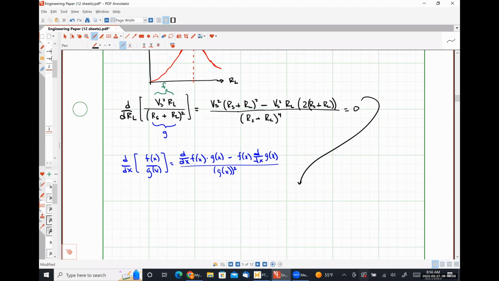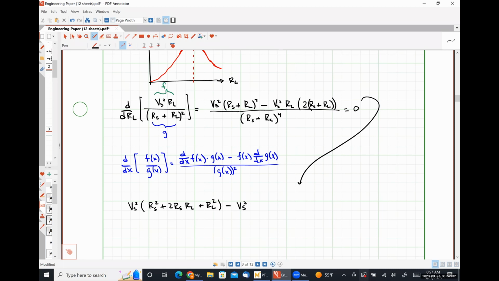Let's do some expanding here, right? So I have VS squared times RS squared plus 2 RS RL plus RL squared, minus VS squared. Oh, let's see. Feel like I'm going to make a mistake here.